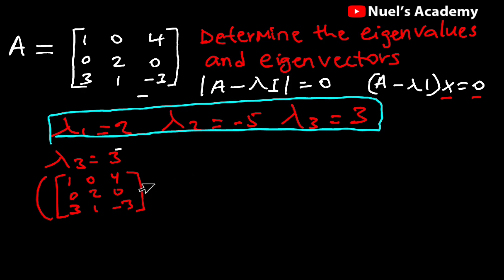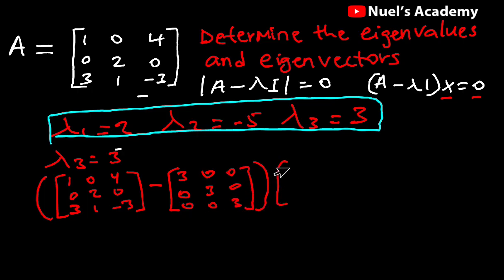Then minus lambda is 3. So 3 times identity matrix, we have 3, 0, 0, 0, 3, 0, and 0, 0, 3. Multiplied by x1, x2, x3. Then this is equals to 0.